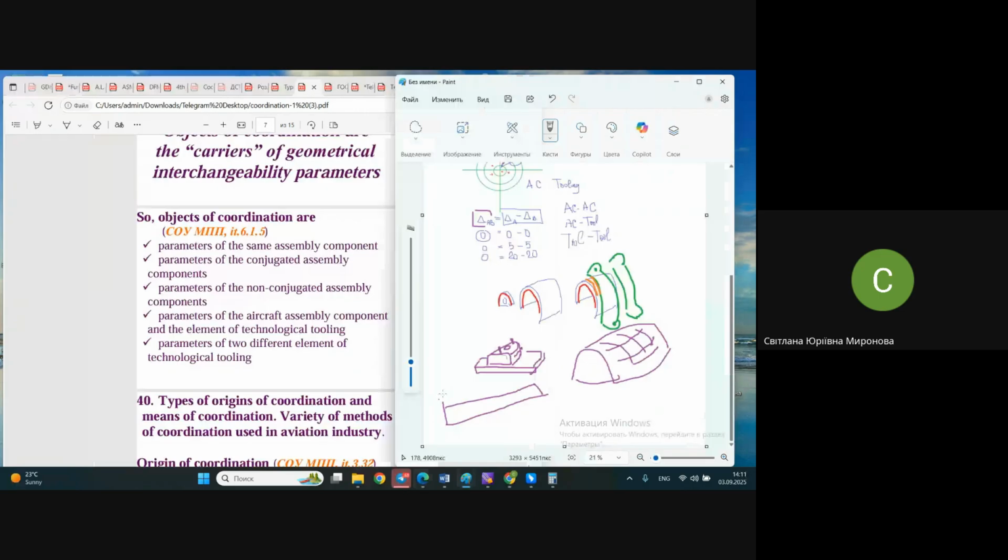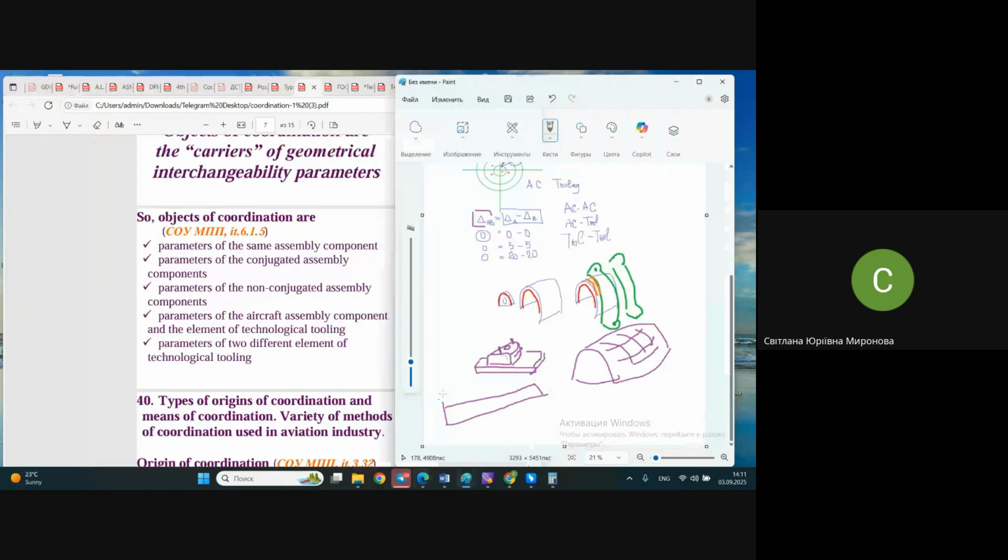I hope you already understand. And what we understand as objects of coordination, as I said, is something that carries these geometrical elements with those parameters. So it comes about surfaces, lines, and holes, which are placed somewhere.